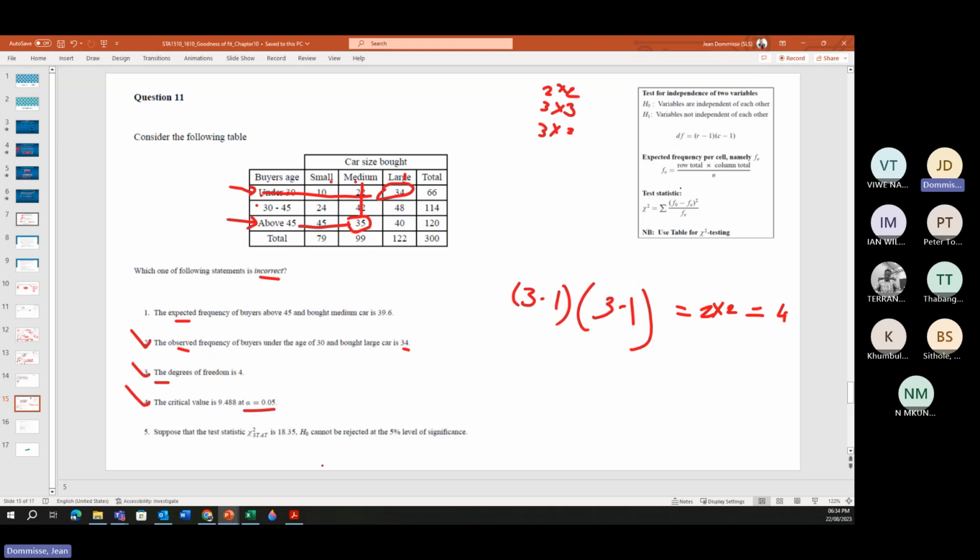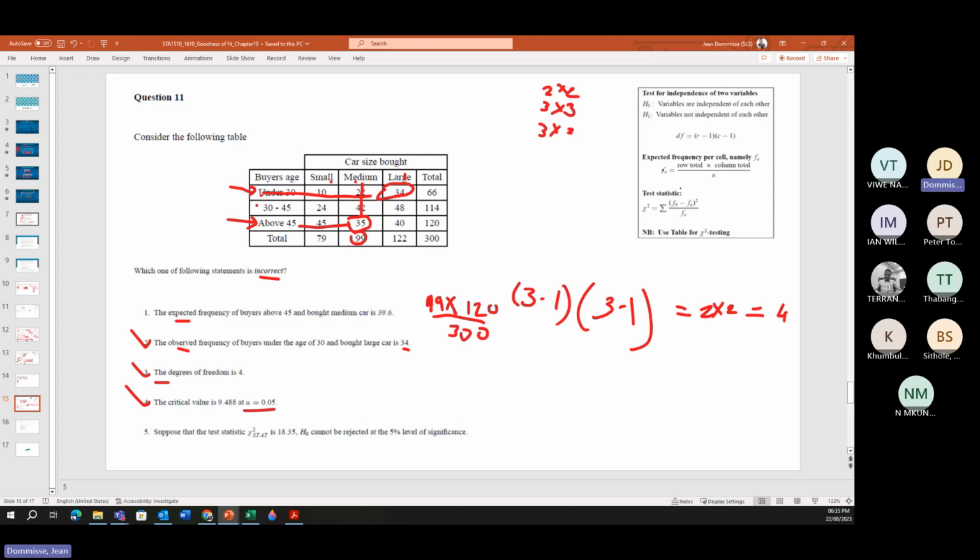So expected is the total of a 1 is 99 times, so that was the 99 of the medium. The total of the above is 120. And that we divide by the total, which is 300.